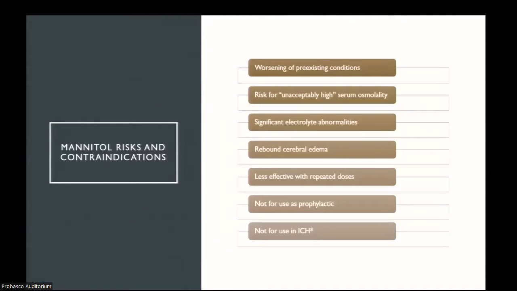So it comes with a variety of risks and contraindications, many of which are pretty profound. It's contraindicated to use mannitol with anuric patients due to renal disease, with pulmonary hypertension or pulmonary edema, in cases of active ICH, heart failure, severe dehydration, current electrolyte abnormalities, and caution with renal impairment.